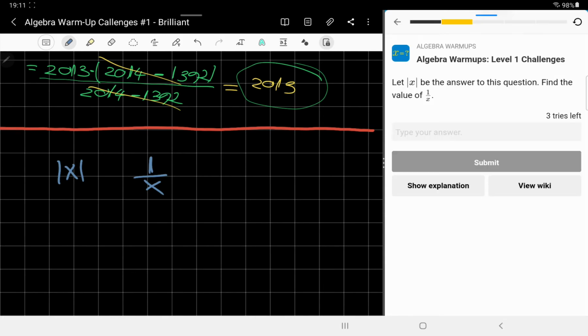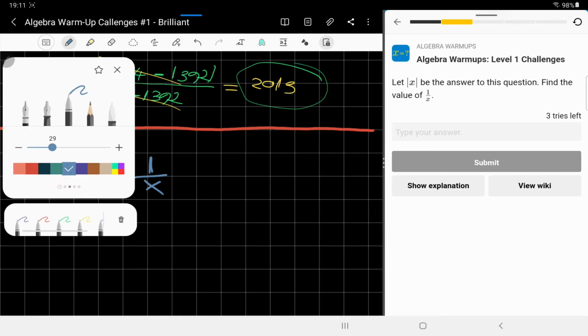So let x be the answer to this question. Find the value of x. So if you let x be the answer, then find the value of 1 over x. And if we have the modulo x the answer, would have to actually 1 over x squared equals, so no, this is probably not what they're looking for.